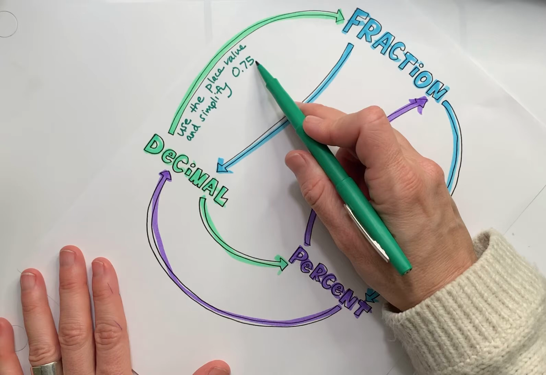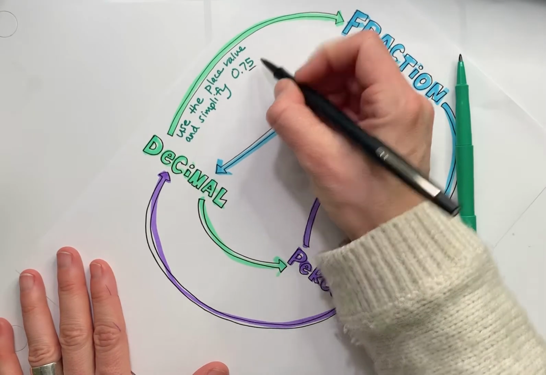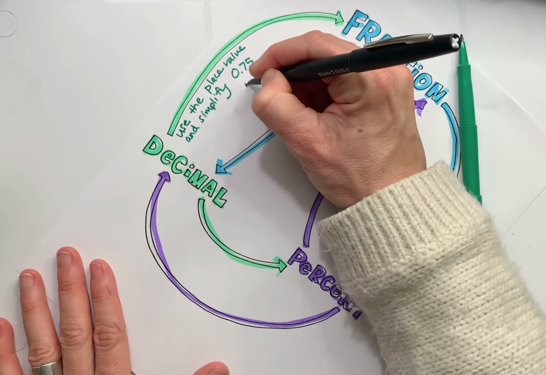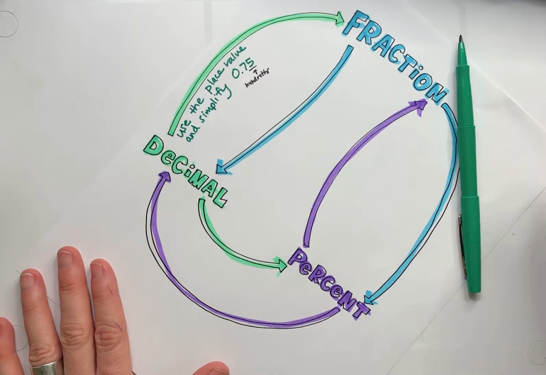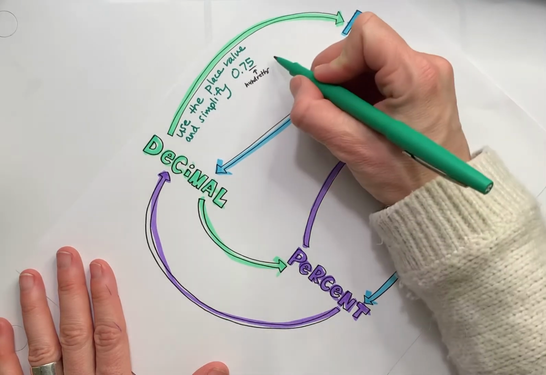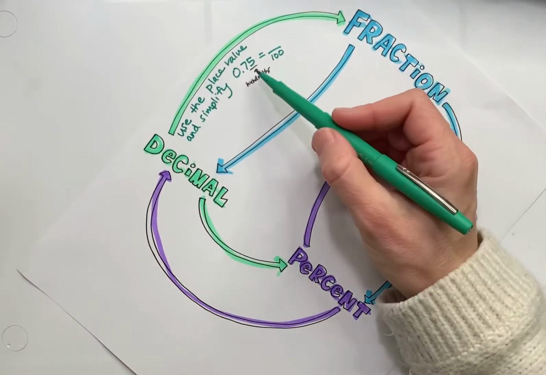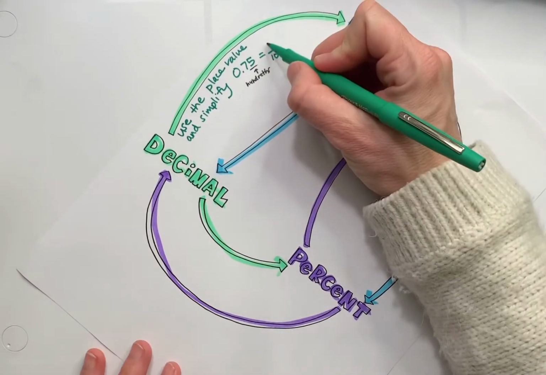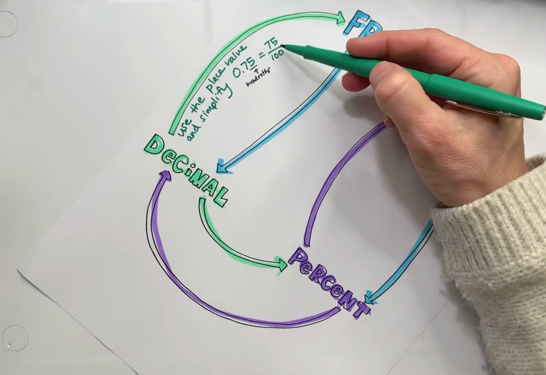The 5, or the last digit, is in the hundredths place. So go ahead and underline that and say, this is the hundredths. So that means the denominator is going to be hundredths. And the digits are 75, so we have 75 hundredths, or 75 over 100.